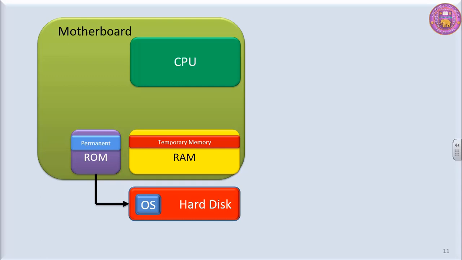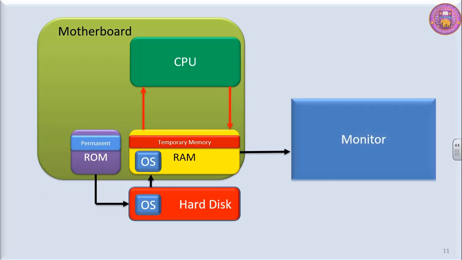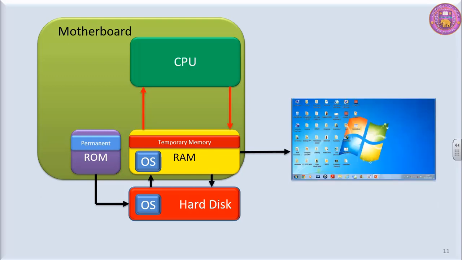It copies the operating system from the hard disk and takes it to RAM. The moment it reaches RAM, the complete control is taken over by operating system and the role of ROM comes to an end. From the operating system, the first program is sent to CPU. CPU processes that program and returns the output on the monitor. The very first screen appears on the monitor.